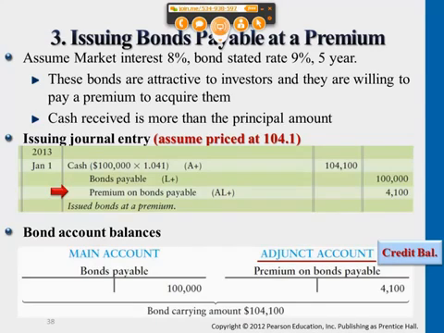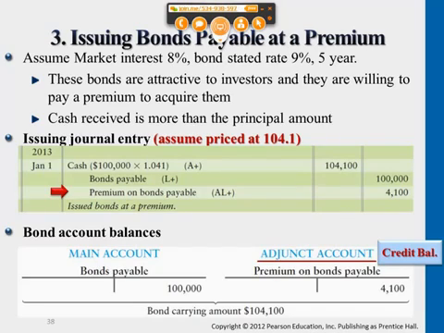The company had $100,000 in mind, but at the time they issue the bond, they're collecting, in reality, $4,100 more than the face value. So when we journalize this entry, this affects the bonds payable account. We're borrowing money at the face value of $100,000, but we're also borrowing $4,100 at the time of issuance. This is the part above face value, the premium.